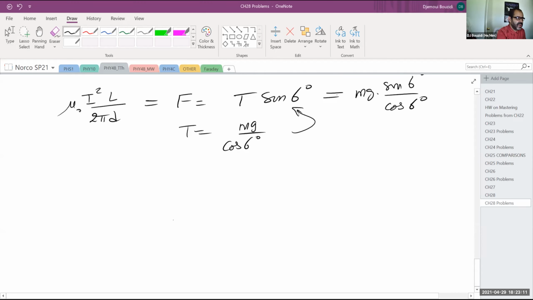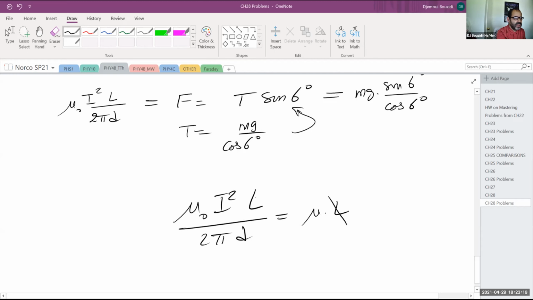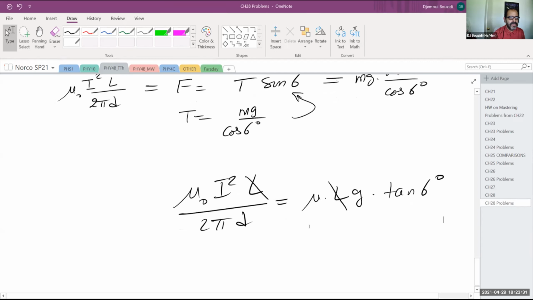So let's substitute everything. We have mu naught I squared times L divided by 2 pi times d equals mu times L, and that is where the L is canceled, times g times tangent of 6 degrees. And once we substitute everything in here, we should be in business.